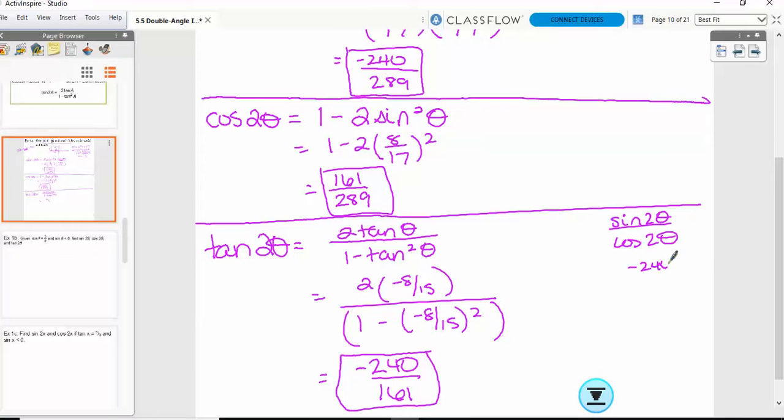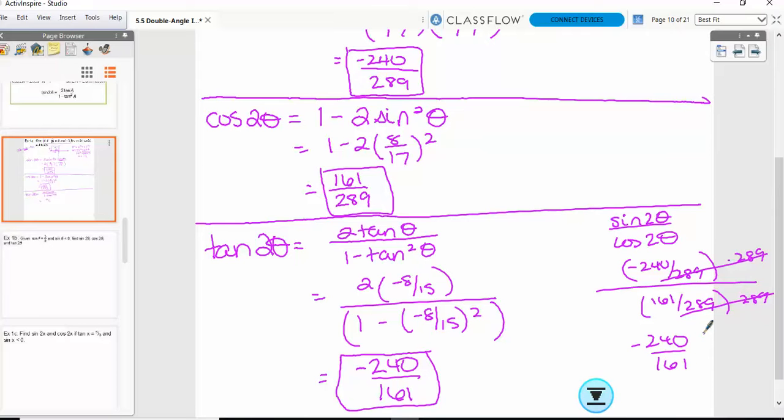Sine 2 theta was part A, divided by cosine 2 theta was part B. You can plug that in your calculator, or if you multiply by 289 on top and bottom, you get negative 240 over 161. So same thing. If you have sine and cosine, it's probably faster just to divide them. But if you don't, you'll have to go with the formula.